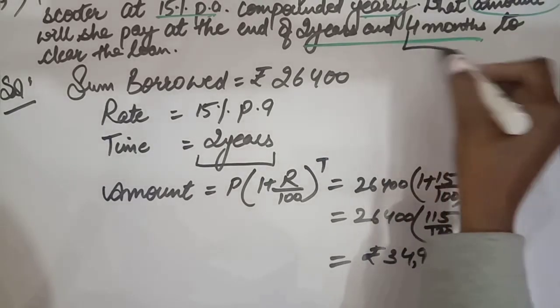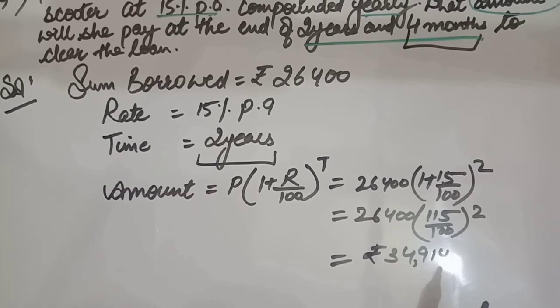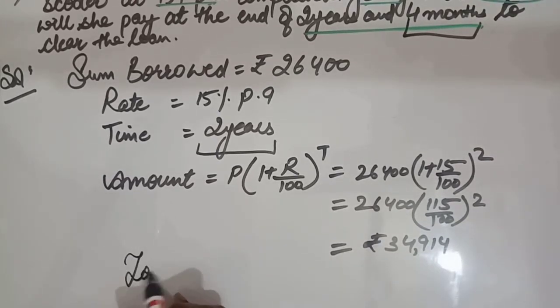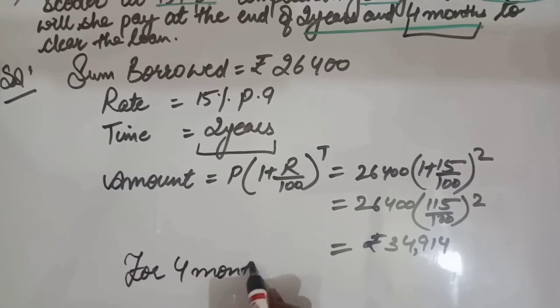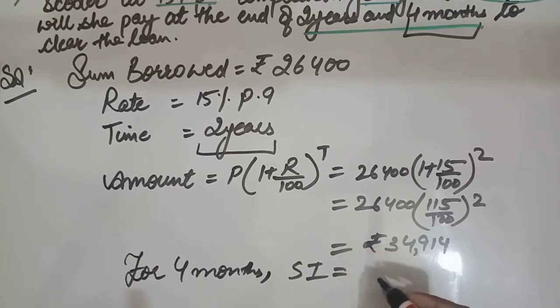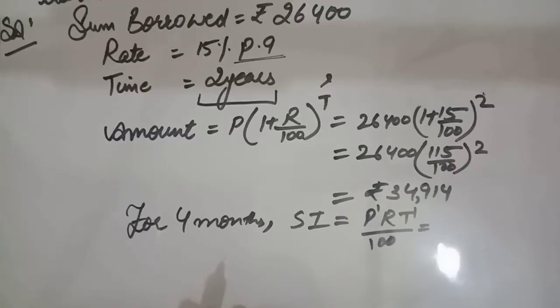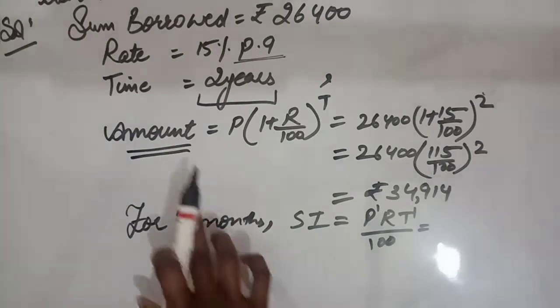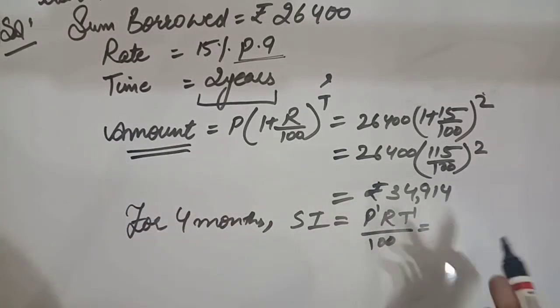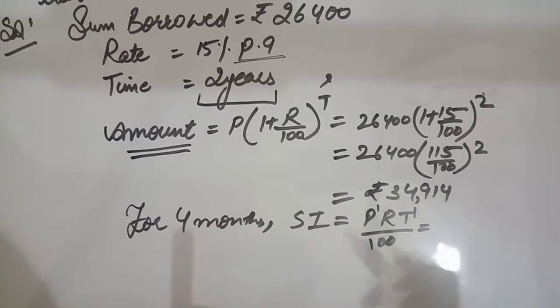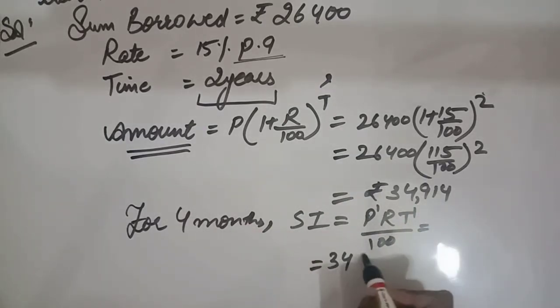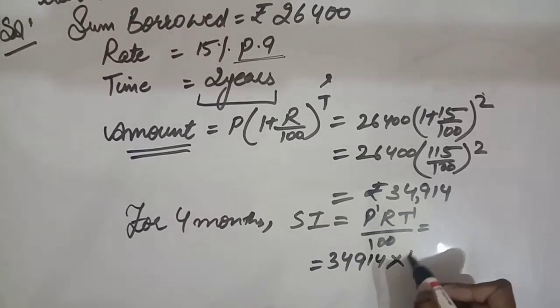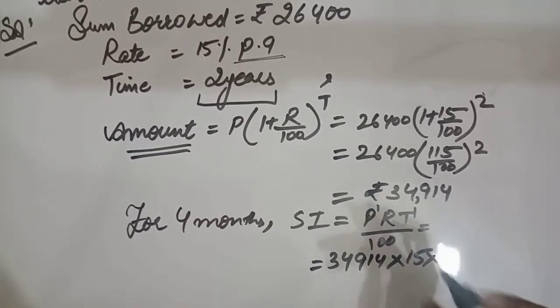Now we have 4 months more here. So for these 4 months, we will calculate SI, which will be equal to PRT by 100. Here, principal is this amount, right? The amount which we calculated for 2 years will be the principal for the next 4 months. Rate of interest is 15%. Now what is time? Okay.